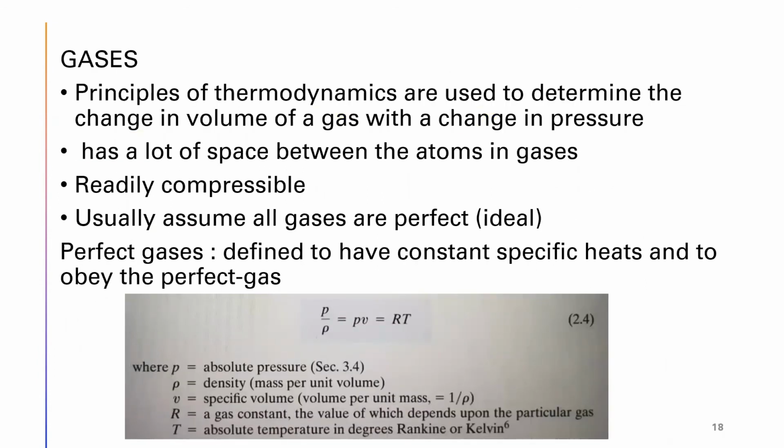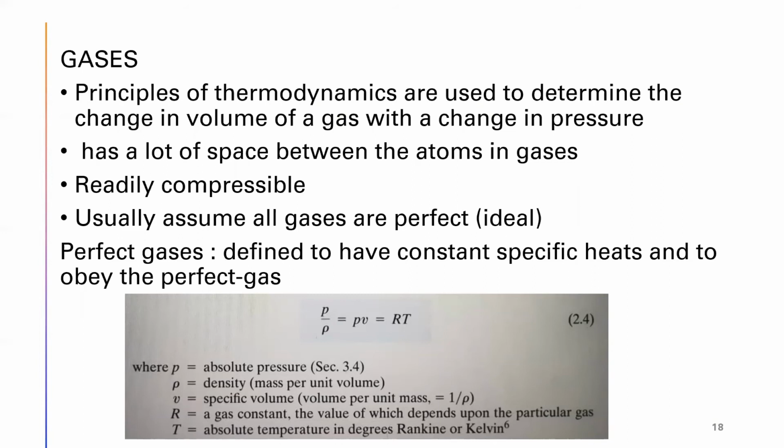Compressibility of gases. For gases, we do not normally use bulk modulus to measure compressibility, but instead we use the principles of thermodynamics, which are used to determine the change in volume of a gas with a change in pressure. Gases have a lot of space between the atoms, so they are readily compressible. Usually, we assume all gases are perfect. Perfect gases are also ideal gases.